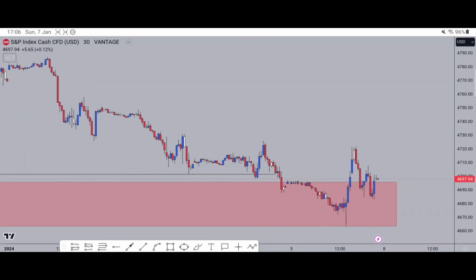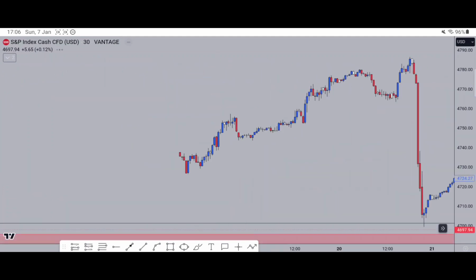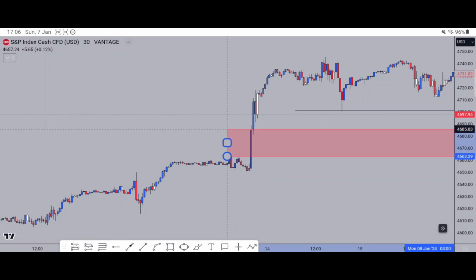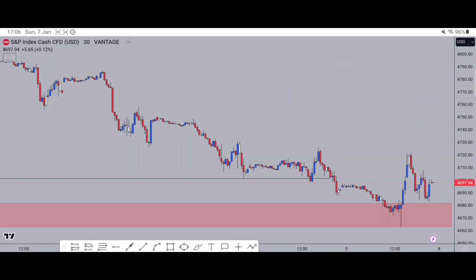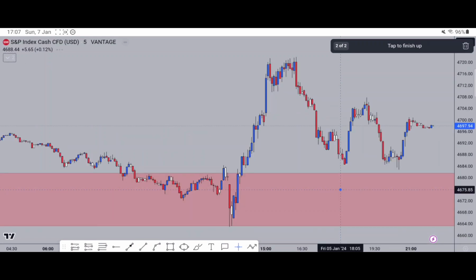So when we were, let me just go back to where it starts. Yeah, so when last week we were around this area, and I was saying to the chat that I was expecting a move like a W from here, you know, on the 5-minute chart.